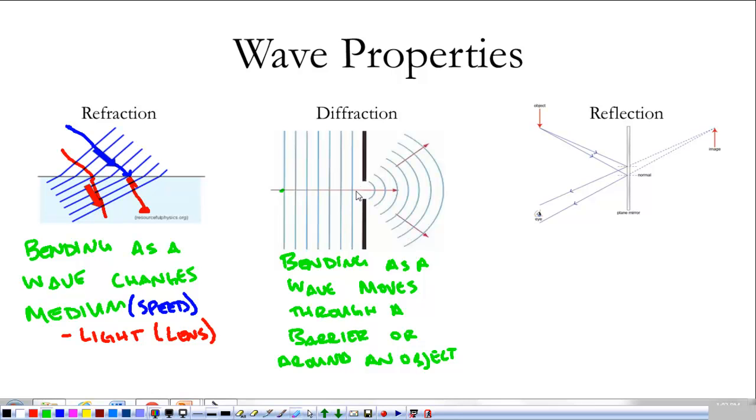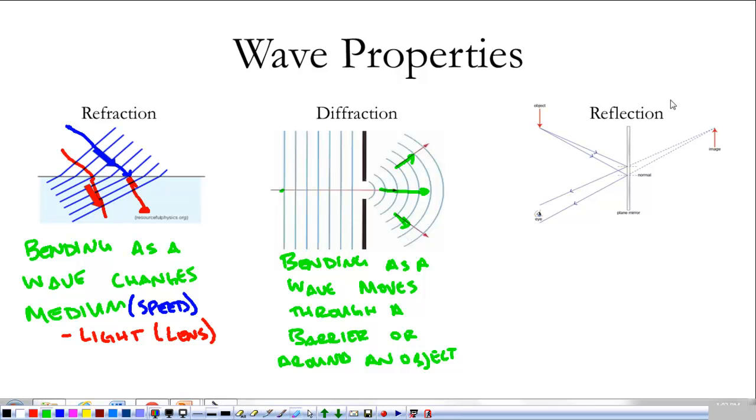And as these waves press through the opening, they spread out. So part of the wave still goes straight, but it sort of bends and changes its shape. Now, the speed is the same on one side of the barrier as it is on the other. The wavelength is the same. The only thing that's different is the direction, because it's squeezing through this opening. A good example of diffraction is sound being able to go around corners.